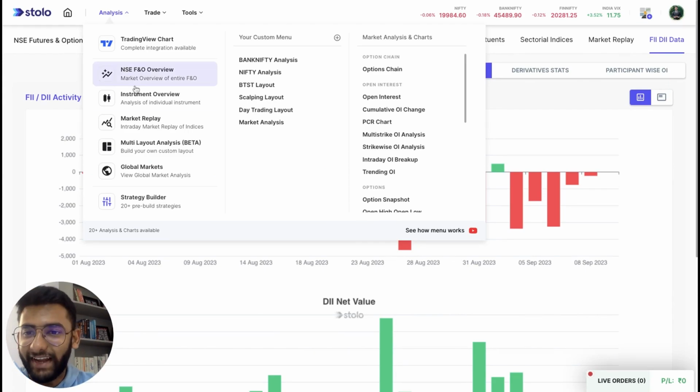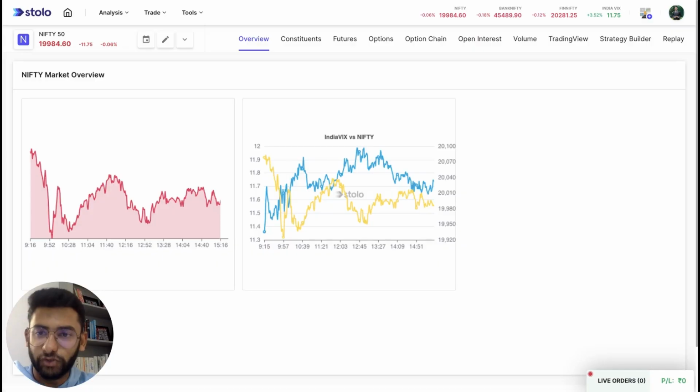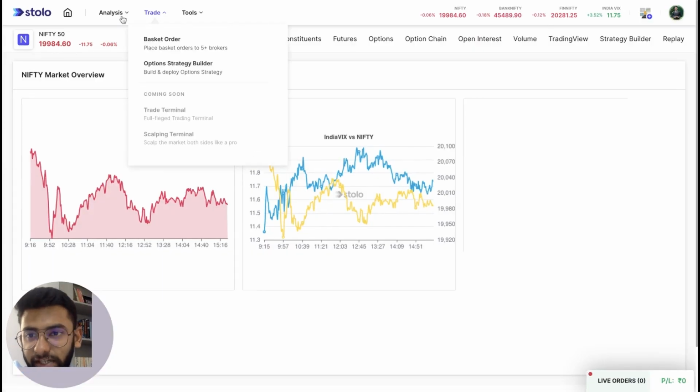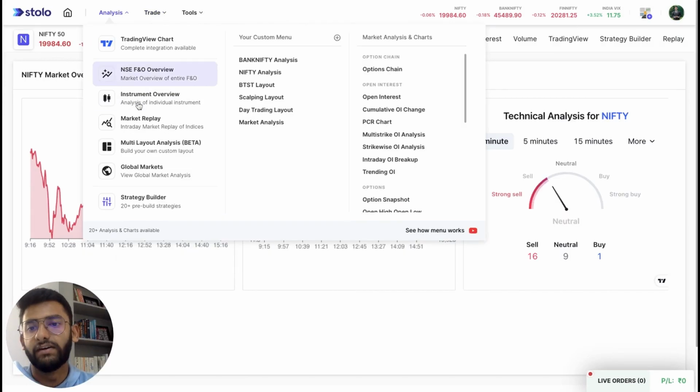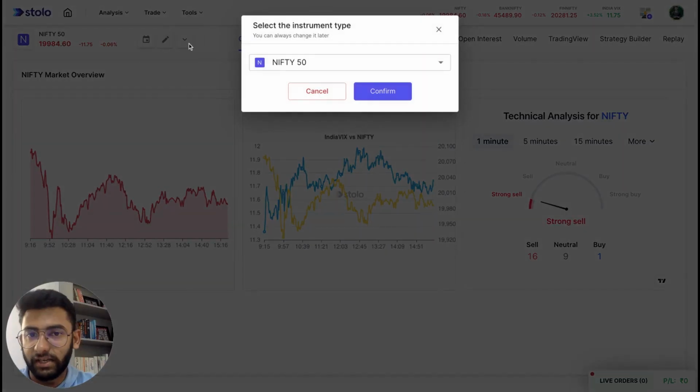Once you have selected your specific equity, stock, or index to trade, we come to the instrument overview, which is right below the NSE FNO overview. For example, I've selected Nifty 50 here. You can just click on this pencil icon and change your instrument, right?